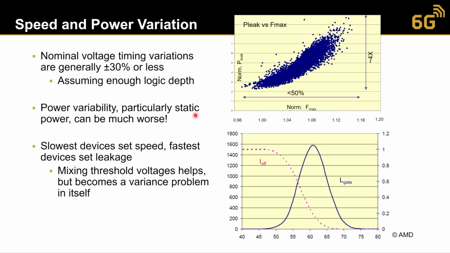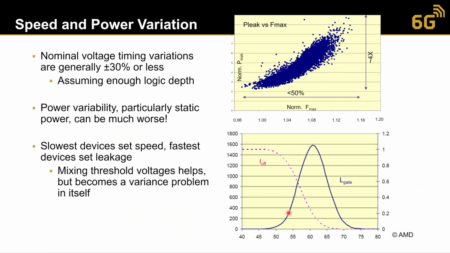So this is from AMD processors. You see, even in an older process, a 4x difference in leakage, and therefore static power, and a less than 50% difference in speed over a big number of transistors.